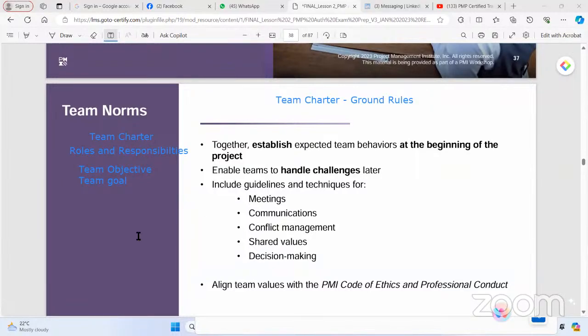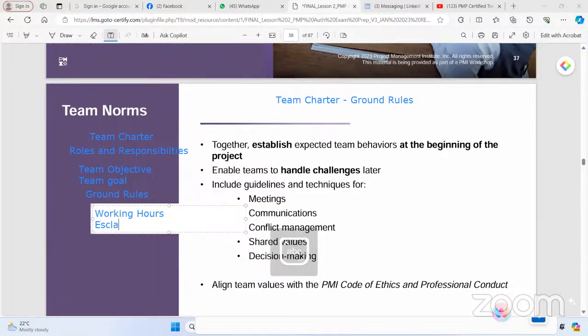Now, one section within the team charter is the ground rules. What are those ground rules? These rules are built around the working hours, what kind of working hours we are talking about, and our escalation procedures.